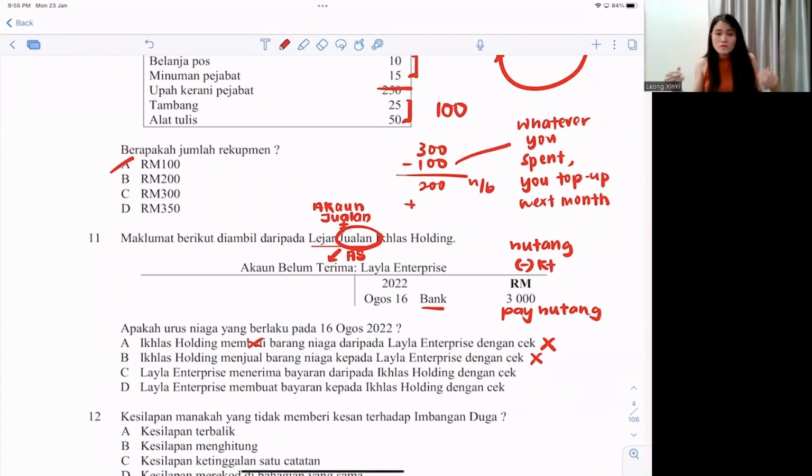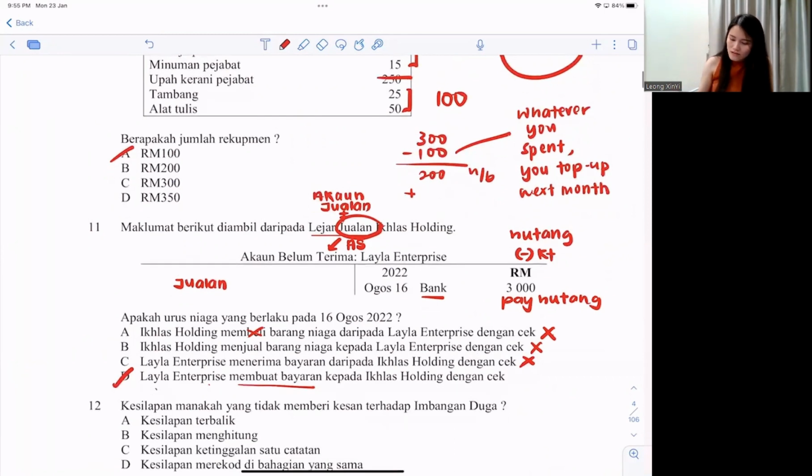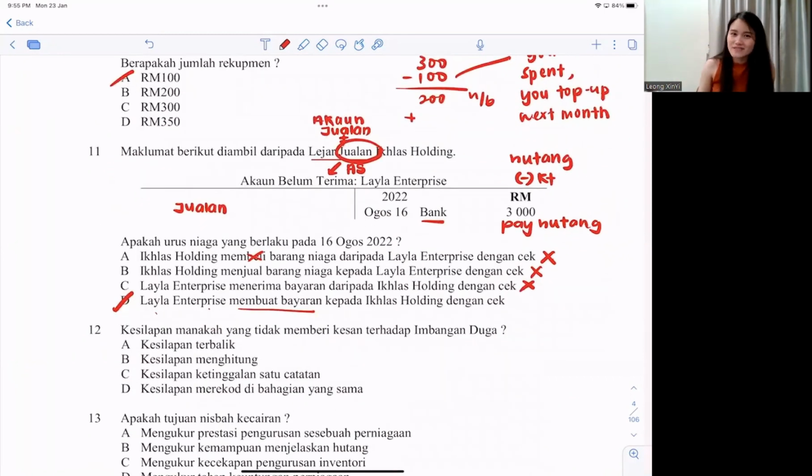No, there's no selling, guys. You understand? If there's a selling, you would see the word jualan here. But we're not selling, okay? Leila Enterprise is paying for it. So, Leila Enterprise menerima bayaran. Wrong. Leila Enterprise membuat bayaran. Yes. Okay, they're paying to us. So that's why their hutang can be lesser. Now how do you know it's us that is receiving the money?